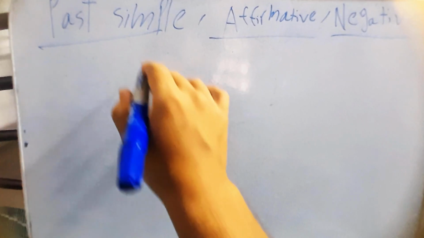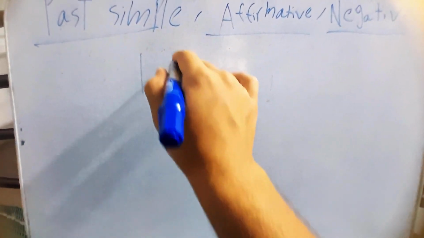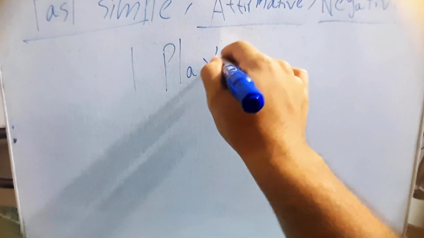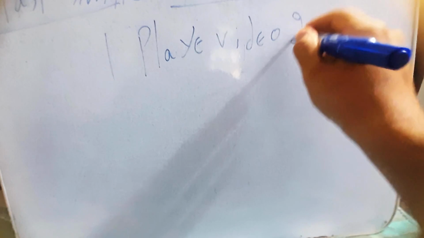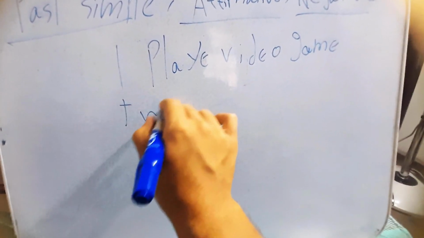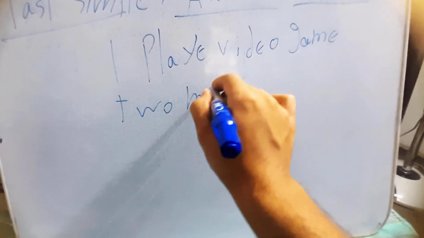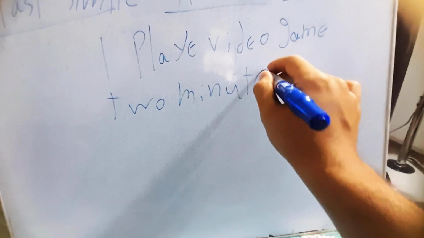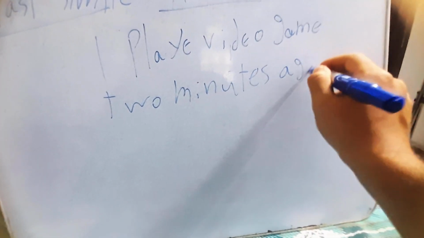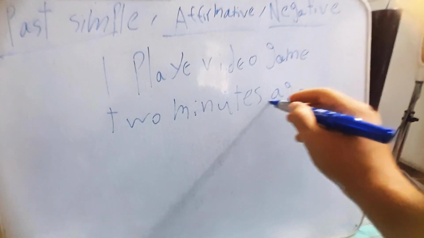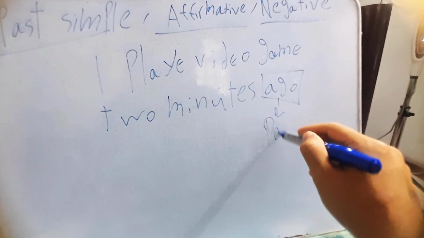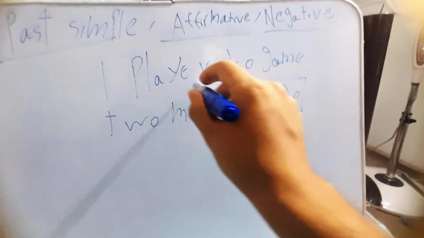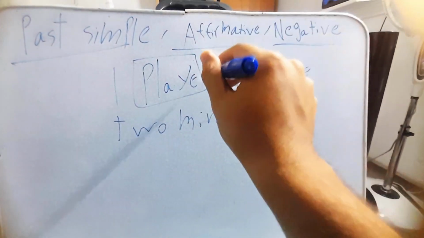For example, I played video game 2 minutes ago. As we have here, ago shows the past event, the past tense.